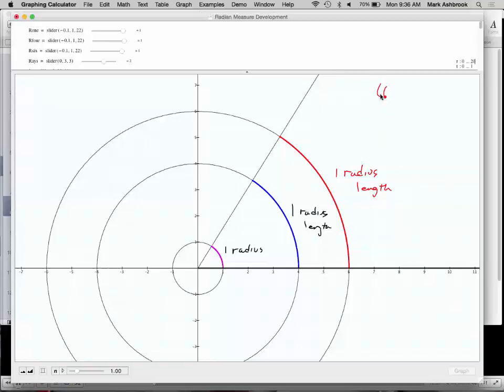So we're going to call this angle 1 radian. 1 radian is the amount of openness whose rays cut off one radius length of the circle. It doesn't matter what size circle you pick, this openness of 1 radian will always cut off exactly one radius length.